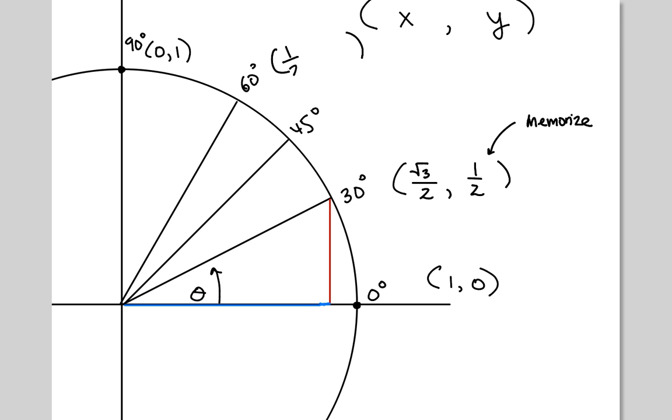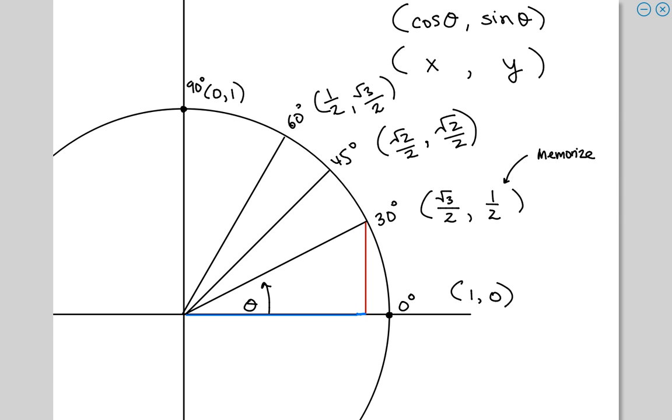So this is 1/2, and this is root 3 over 2. Up at the 60. And then the 45 is especially easy because they're the same. And if you just remember what they look like, you'll end up getting this quadrant for free. So you absolutely need to know this stuff.